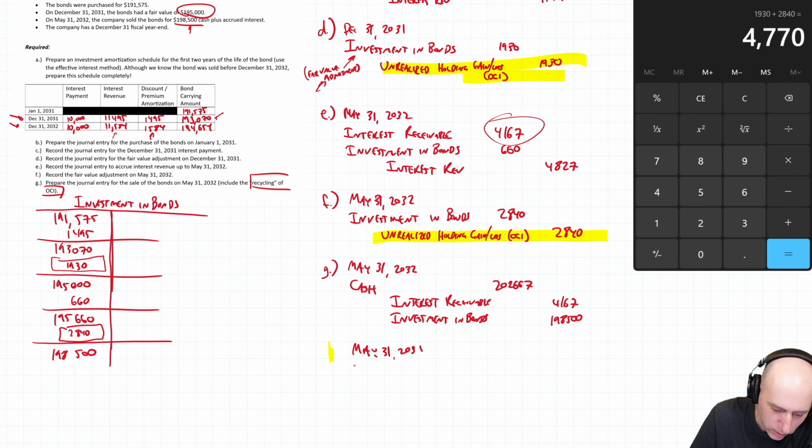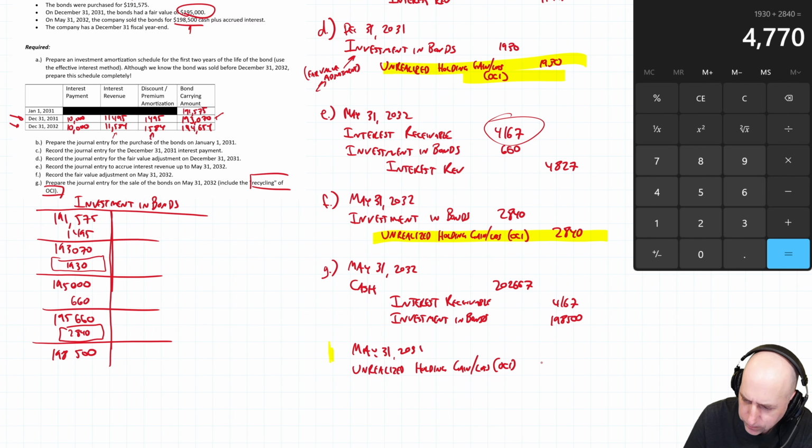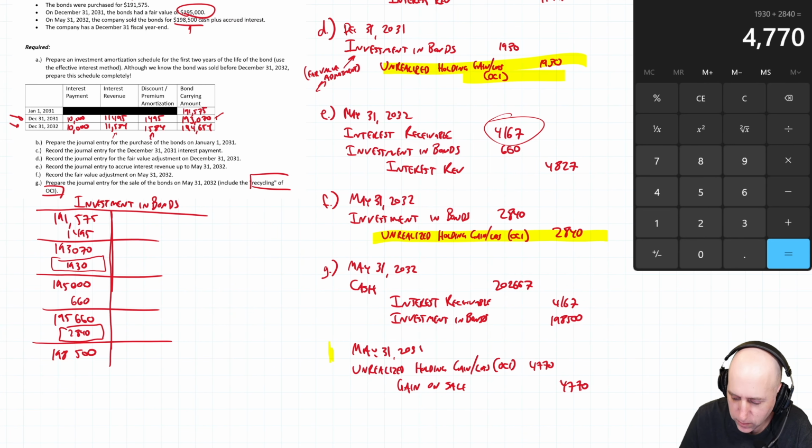I take it out of OCI, so I debit unrealized holding gain/loss OCI 4770, and I credit gain on sale. And this is a realized gain on sale of investment, 4770. That's it. So you just wipe the OCI slate clean.